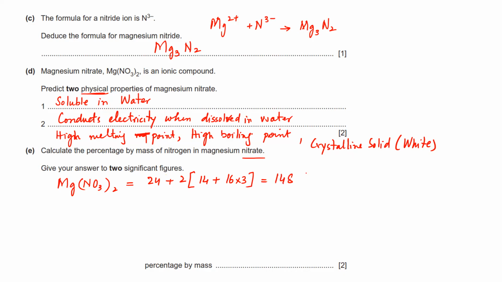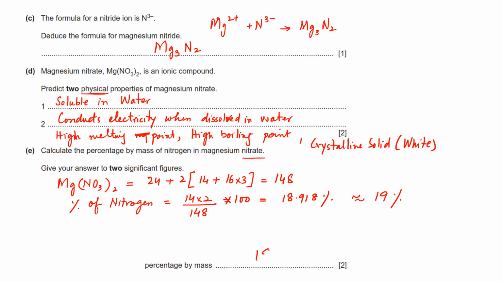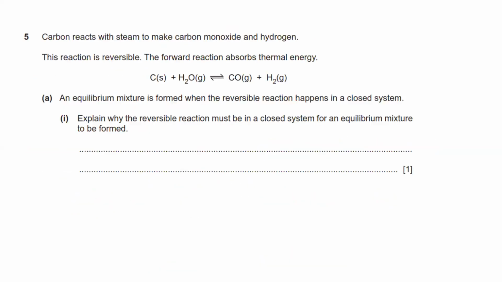If we add all the things together, so percentage of nitrogen: nitrogen is 14 multiplied by 2, divided by 148, because we have 2 atoms of nitrogen, 1 and 2 coming from here, into 100. So the percentage comes out to be 18.918%, and it says 2 significant figures. So this comes out to be 19%. The percentage by mass is 19%. Okay.